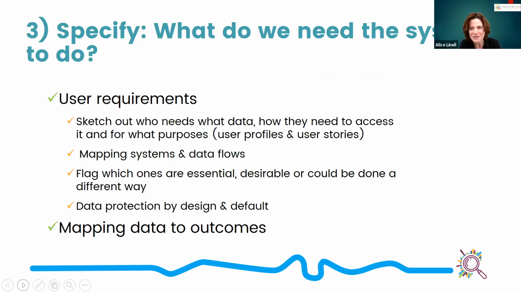Also under user requirements, an important thing to do is we've talked about documenting what you've got, the Excel spreadsheets, the databases, who's using what, where and why. But it's also important to map out how data needs to flow between the organisation. You can do that just visually with a piece of paper and a pen.